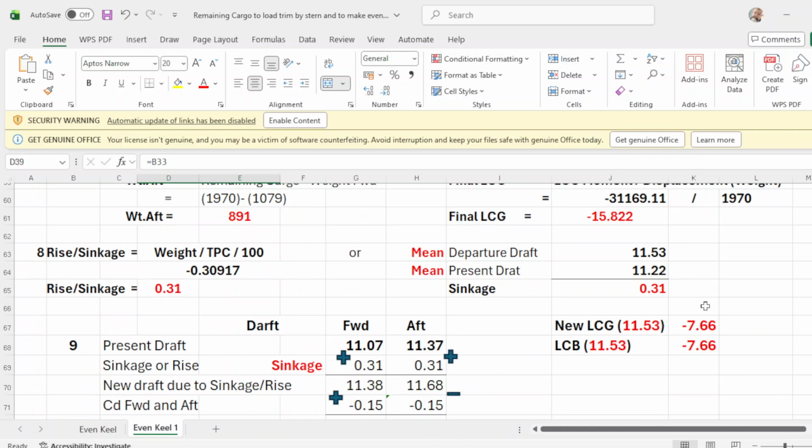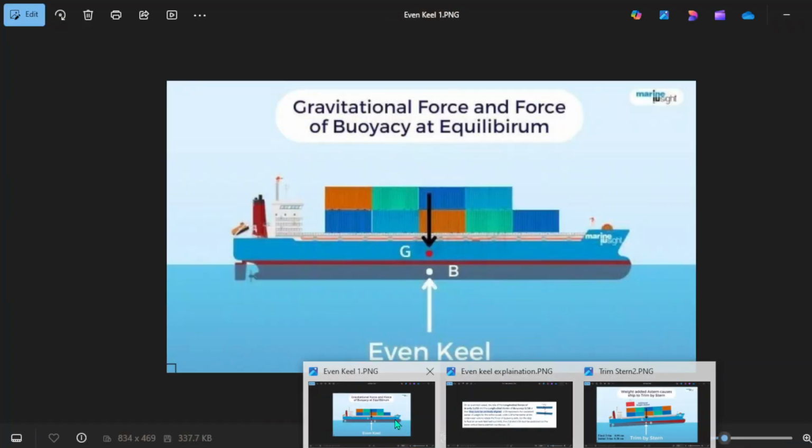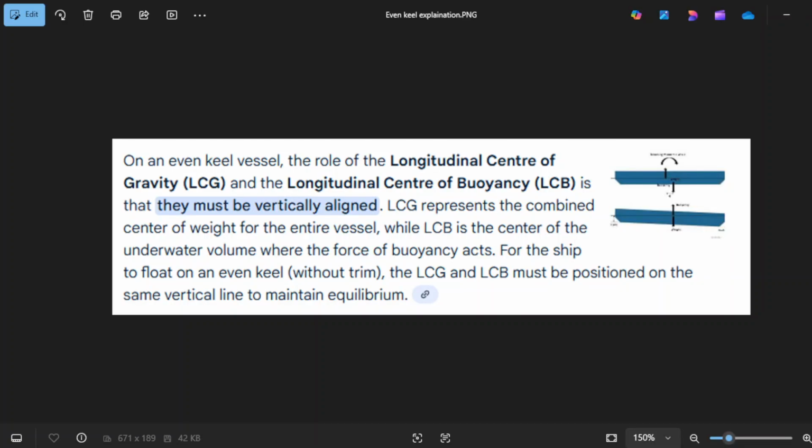Now what is the LCG of draft 11.53? Okay, I will explain to you guys. Take note that on an even keel, the LCG and LCB are in one vertical line.